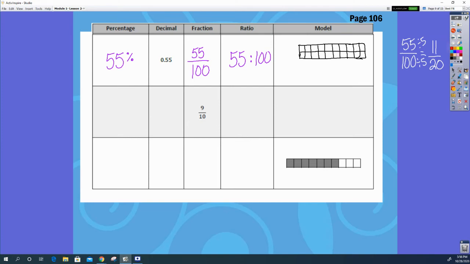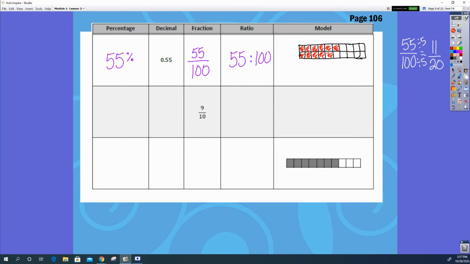Out of it, we would shade in how many? 11. Okay? I made that a little complicated. I could have also shaded in all of the first row and then one of the second row, or all of the second row and one of the first row. I was just shading in 11 out of 20.